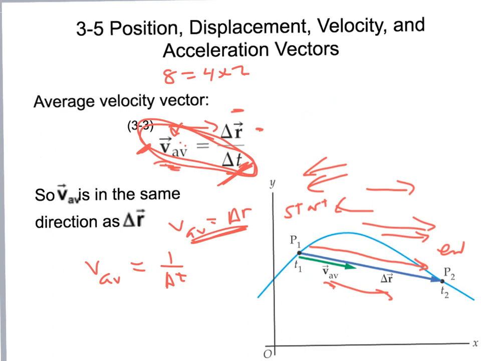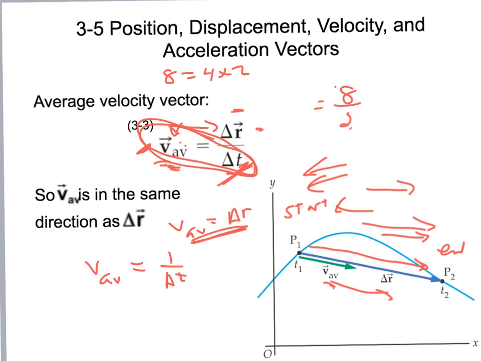So if we look at V and R, so if we have again 8 divided by 4 equals 2. Actually, let me make that a number that's a little easier to work with.